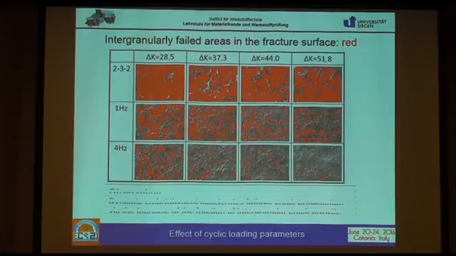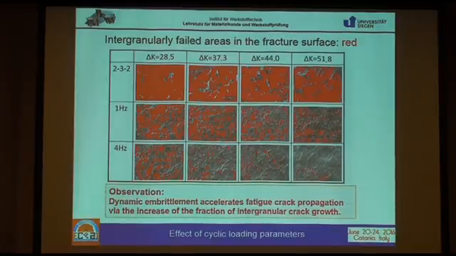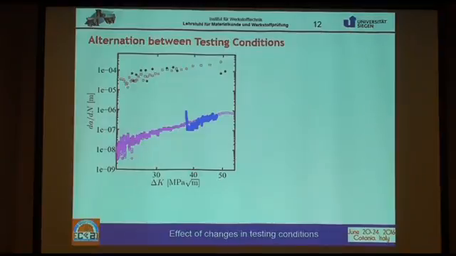And this indicates that dynamic embrittlement not just accelerates fatigue propagation, but the main reason is that the fraction of the intergranular crack growth increases with increasing time per cycle, as you can see here.